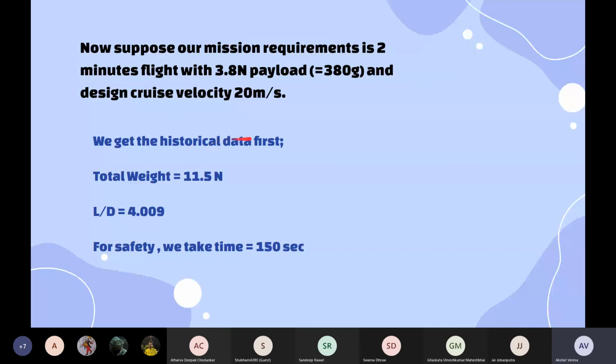From the historical data, first we get the necessary components. For the total weight, we look up some aircraft which has done similar mission parameters. The total weight of that aircraft which we choose from our historical database is approximately 11.5 Newton. Also the L by D value we choose from the historical database is 4.009.